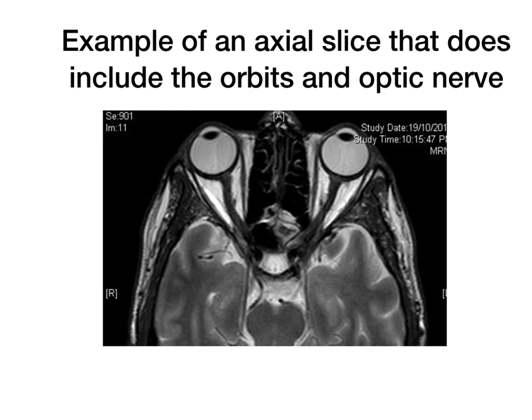So again, here is an example of an axial slice that does include those parts that I was telling you about, which is going all the way from your orbit to your optic nerve, or you see the optic nerve, I should say, going to that famous word again, that optic chiasma. The next slice is actually going to show you slices that we're going to see from an axial perspective.